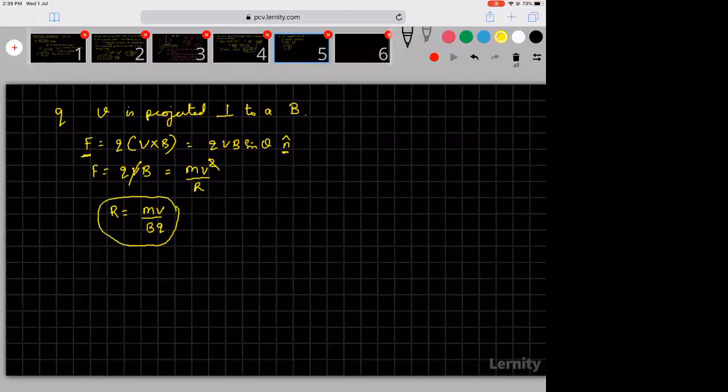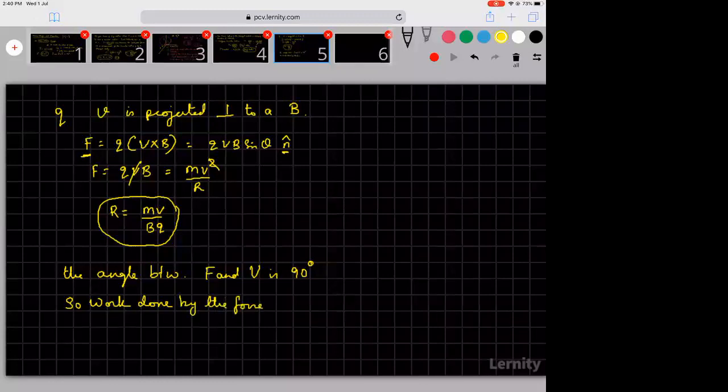Okay. So now if r is equal to mv by Bq, next I am saying that, look, the angle between force and the velocity is 90 degrees. So work done by the force is 0. So if work done by the force is 0, there is no change in magnitude of velocity.